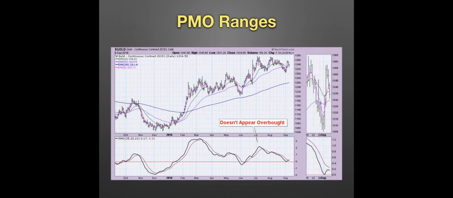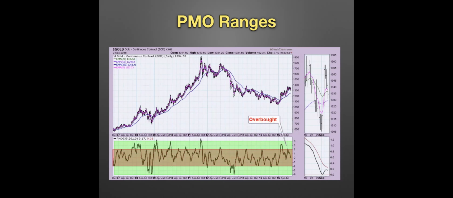The PMO ranges. So here's an example where you're like, okay, is this overbought or oversold? I'm trying to figure it out. And you can see right here, this PMO top is well below this top here. So it doesn't really look like it's overbought.